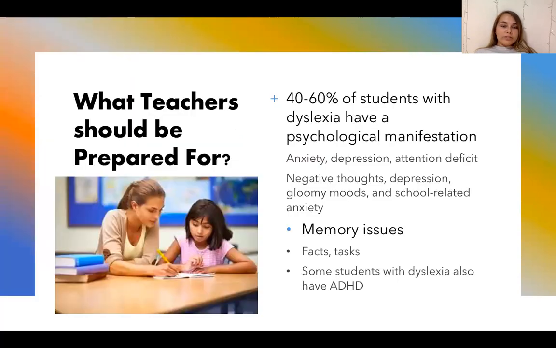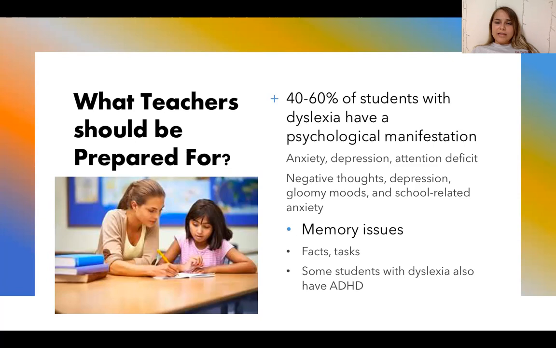So, what teachers should be prepared for, and I think this slide is very important. 40 to 60% of students with dyslexia have some type of anxiety or depression, and a lot of them have ADHD as well. That really comes from a lot of negative thoughts, just gloomy, sad, and it can feel isolating to have dyslexia for some students.